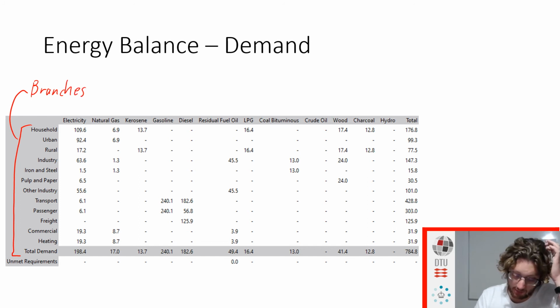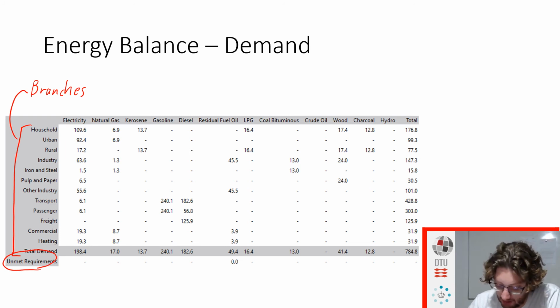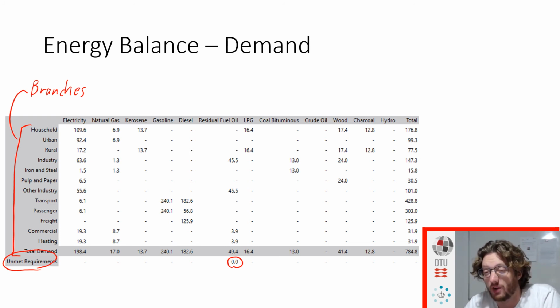The unmet requirements are down here. If there are unmet requirements, and you can tell there is just a tiny little bit here, but that's probably a rounding error of sorts, it will be listed down here.